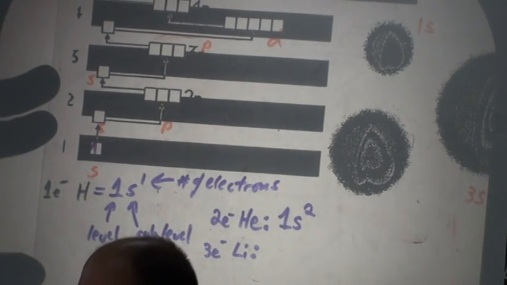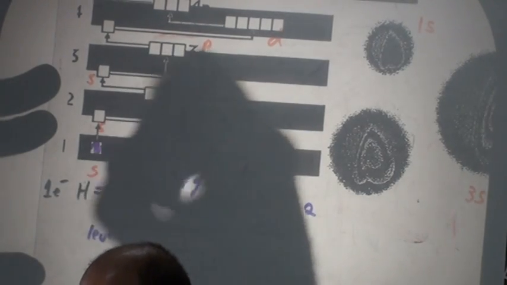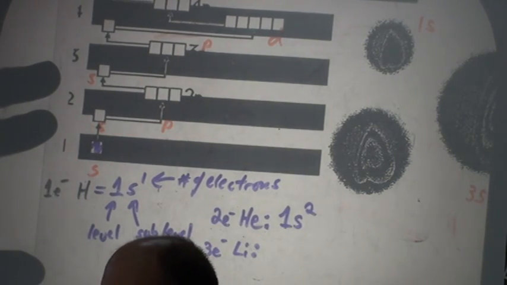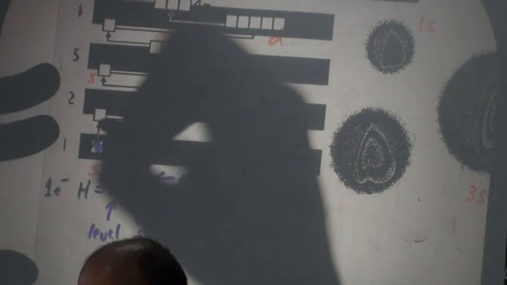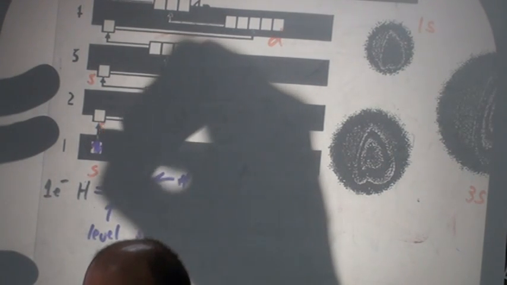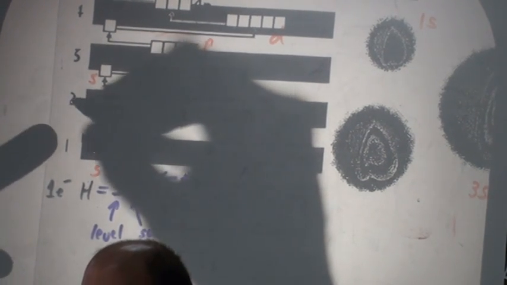Here's the first one. There's the second electron. And now where's the third one going to go? What's the next lowest box? The arrows tell us. The next lowest box is the 2s.